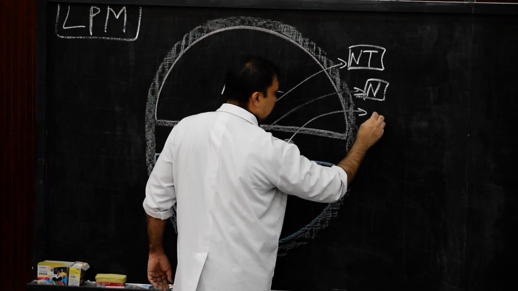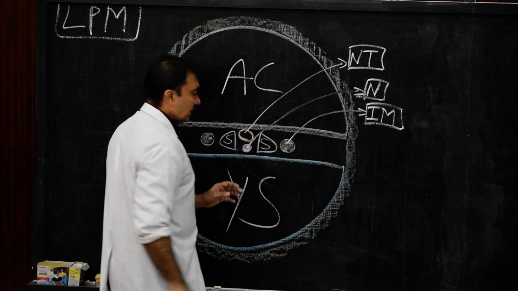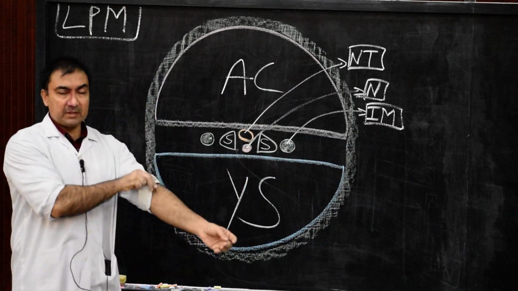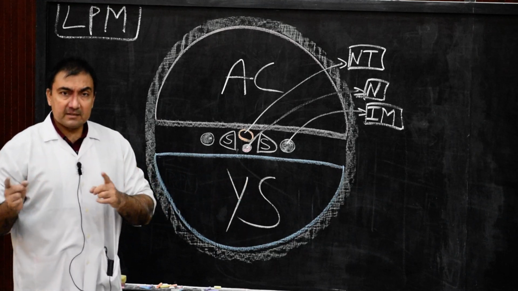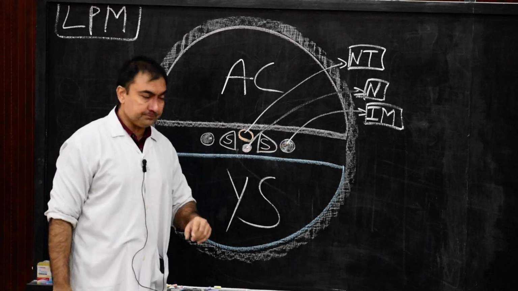So here we are going to write intermediate mesoderm. Remember, what we are drawing are the derivatives of intraembryonic mesoderm. So already these structures we have discussed, and during the discussion of urogenital system, the intermediate mesoderm has been discussed.